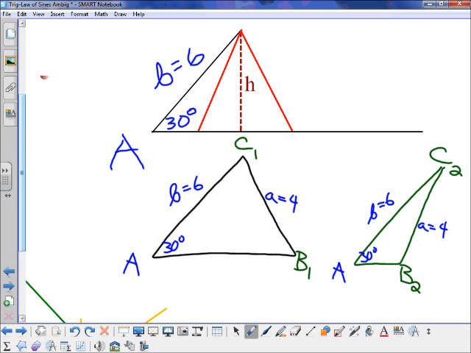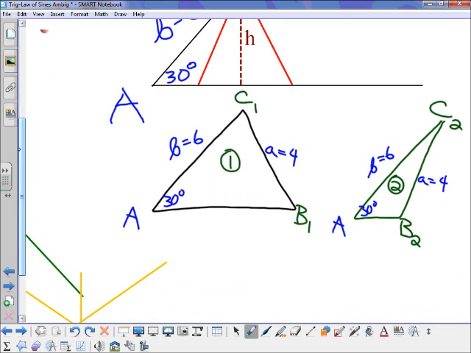And again, I'm labeling them in the order I suggest you solve them. Figure out triangle 1 first, and then the obtuse triangle second. There are reasons for this, which I'll get to later. That makes this side little c1, and this side little c2.